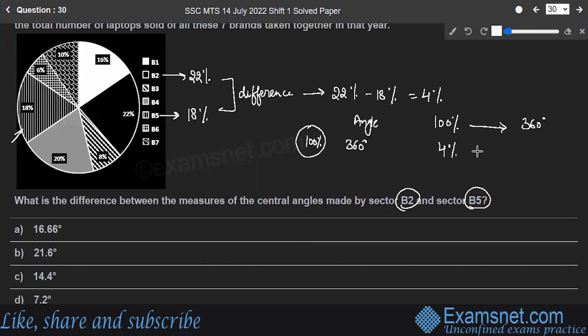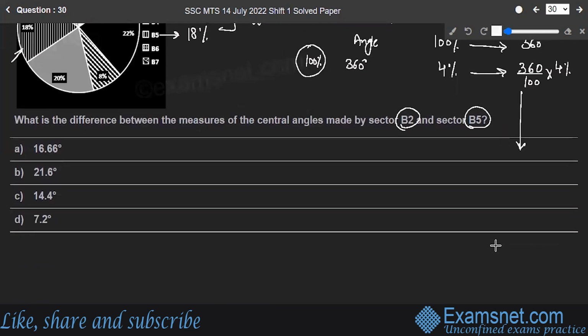For 4%, it will be 360 divided by 100, multiplied by 4, right? I'll solve further over here. So this will give you 360 multiplied by 4 upon 100.